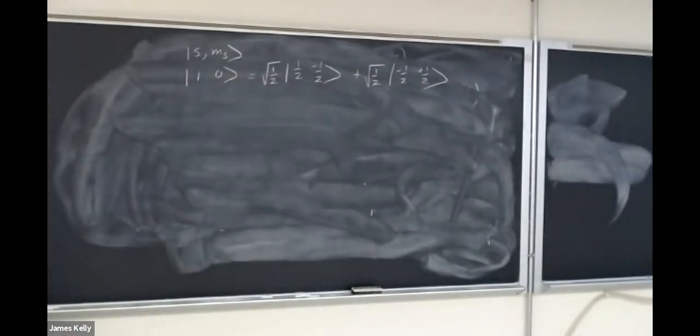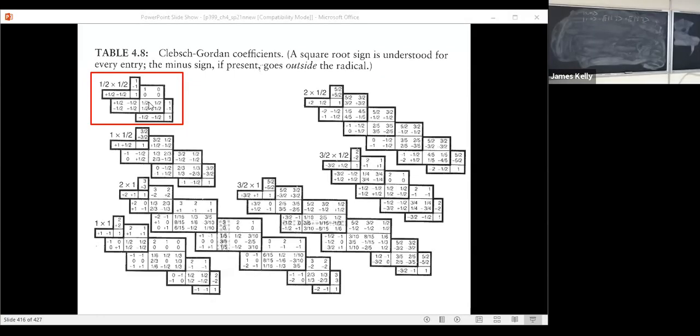Okay, so those coefficients are coming from the table, in this position and this position. I'm looking at those, I'm putting roots over them. There are no minus signs to worry about.